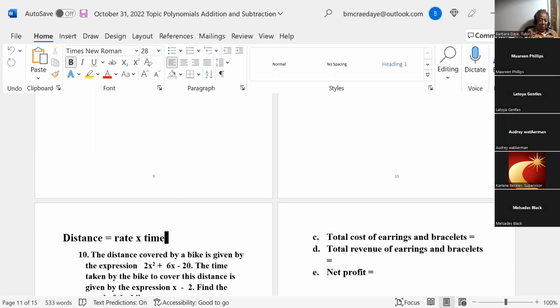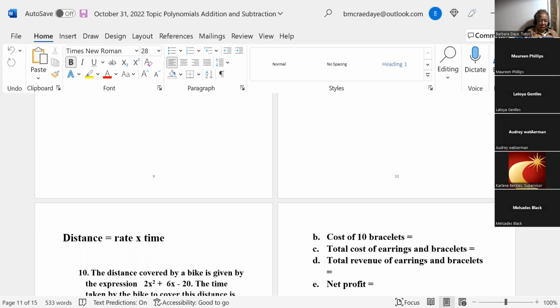Now, in this problem, you're given the distance and you're given the time, and you have to find the rate. So, Maureen, how do you find the rate if you know the distance and the time? What would this formula be? What is rate equal to? You know the distance, you know the time.